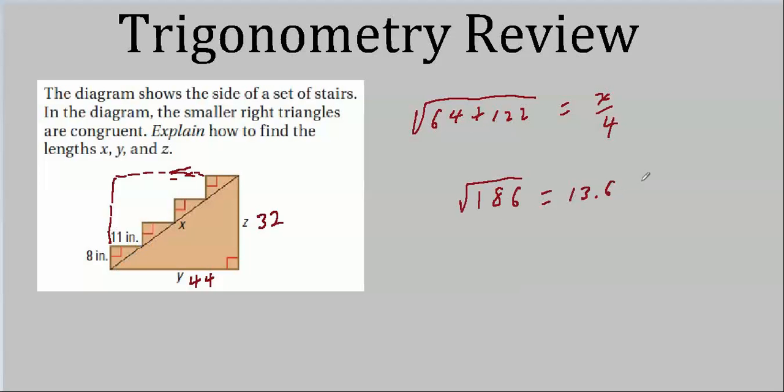And that's x over 4. So if we want x, we just have to take 4 times 13.6. Because, in other words, 4 times each of these hypotenuses.